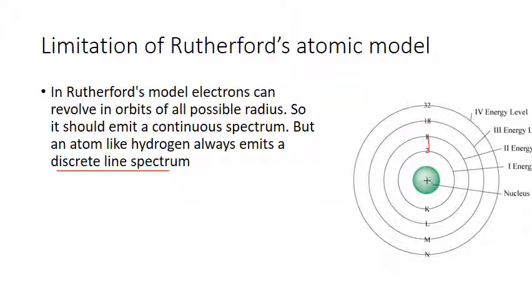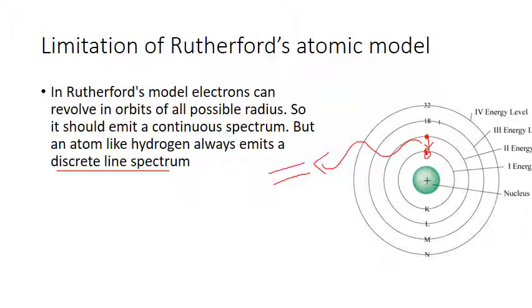So what is this discrete line spectrum? When an electron which is in the second energy level makes a transition to the first energy level, as you can see in this case, it radiates some energy.